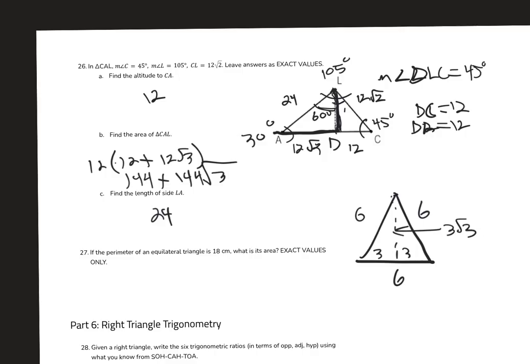So the area is going to be the base of 6 times the altitude of 3 root 3 divided by 2, which gives us 18 root 3 over 2, or 9 root 3, and that would be centimeters squared.